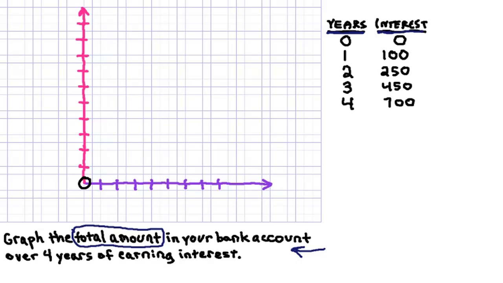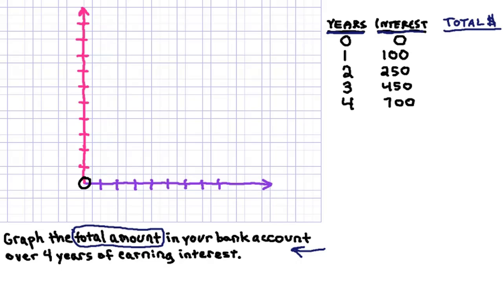After the second year, you earned $250 of interest. After the third year, you earned $450 of interest. And after the fourth year, you earned $700 in interest. So we need to calculate how much total is in your bank account, so we can add another column here, the total money.